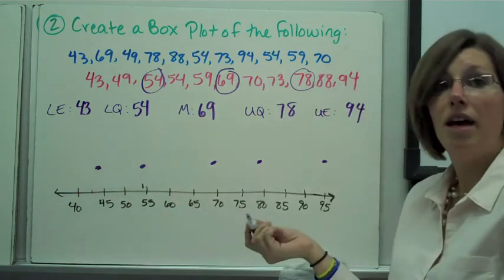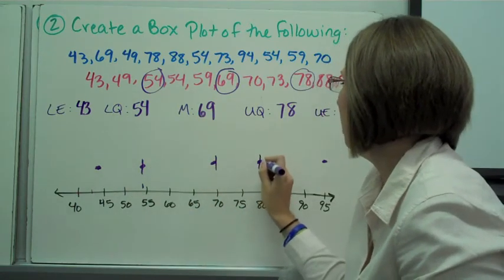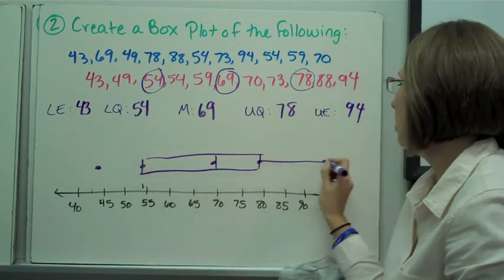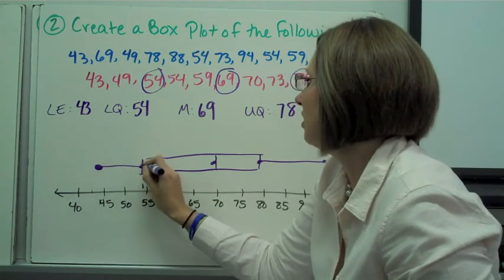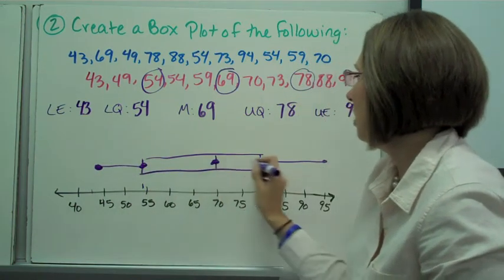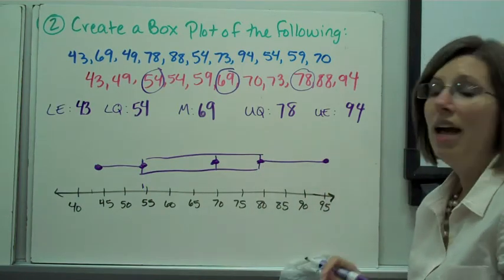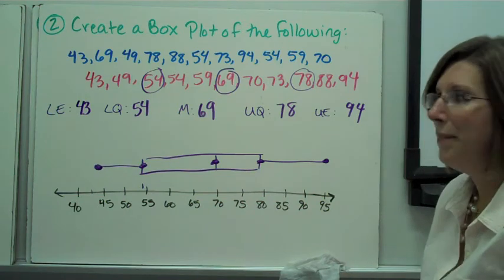And then, like I said, we're going to connect the inner 3 dots to make a box. And then whiskers go out to the sides. Sometimes I like to go back and make my dots nice and big so you can see where they are. And that's how you create a box and whisker plot, also known as a box plot.